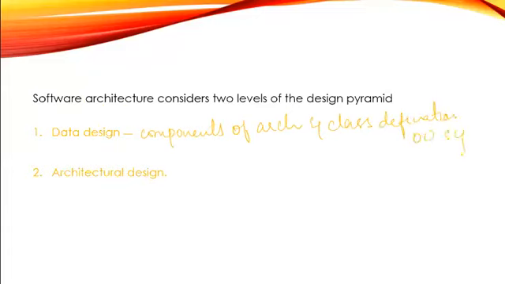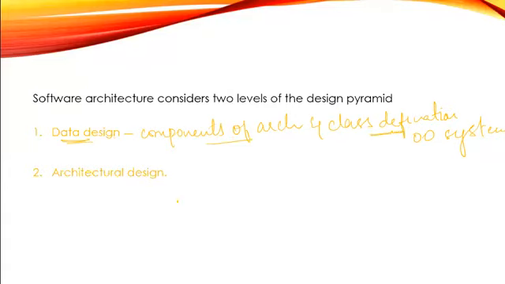You'll get to know these two things. You're designing the data design, so what are the different components within that data design, and what are the different class definitions that you're using within an object-oriented system.